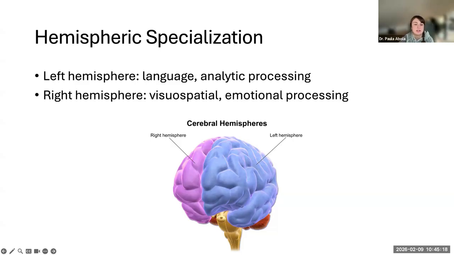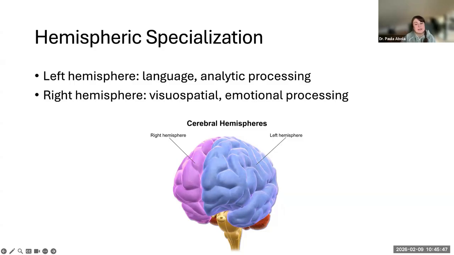Importantly, hemispheric specialization is not uniform across all individuals. Factors such as handedness, whether you're right-handed or left-handed, development, and neural plasticity can influence how functions are distributed between the hemispheres. For example, language is typically left lateralized, but some individuals can still show bilateral or even right hemisphere language representation.